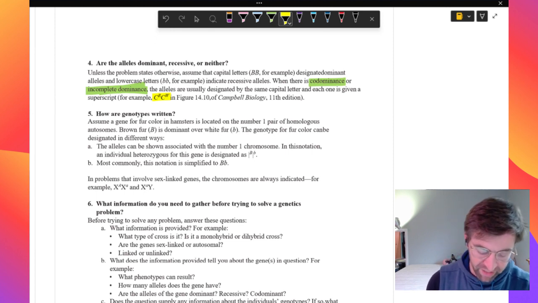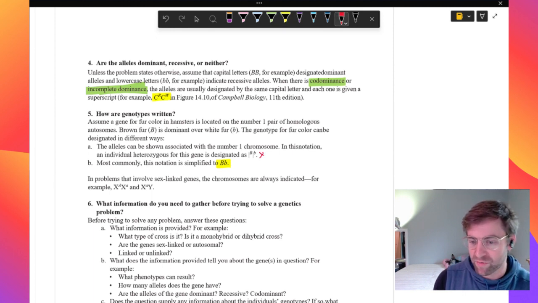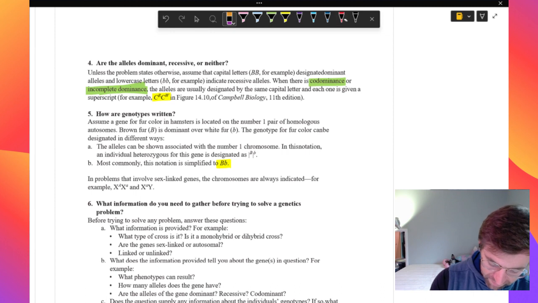In this notation, an individual heterozygous for this gene is designated as big B, little b. But most commonly, this notation is simplified to big B, little b, as shown here. I have never seen this notation except on this worksheet. Not to say that you shouldn't know what it looks like.